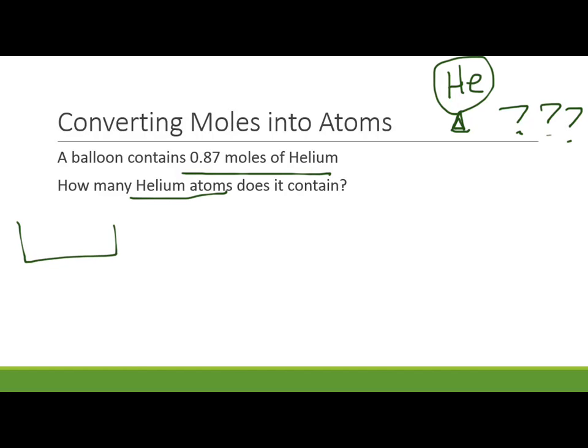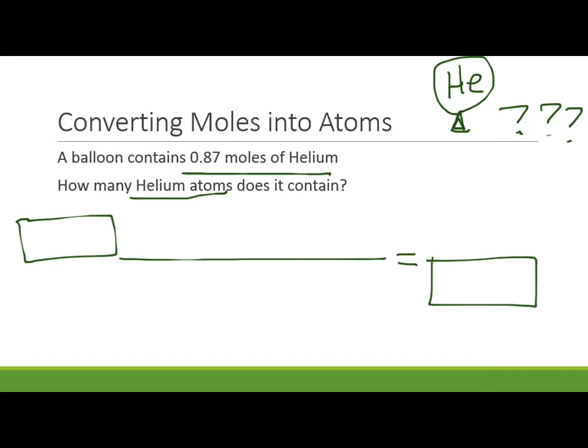Well, luckily, we can go ahead and set up another domino problem. So you can have your kids do this with you, because I'm sure they'd love it. Let's put our 0.87 moles in the top left-hand corner. And let's put question mark helium atoms in the bottom right.